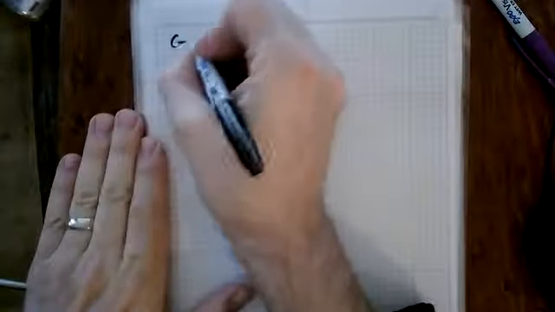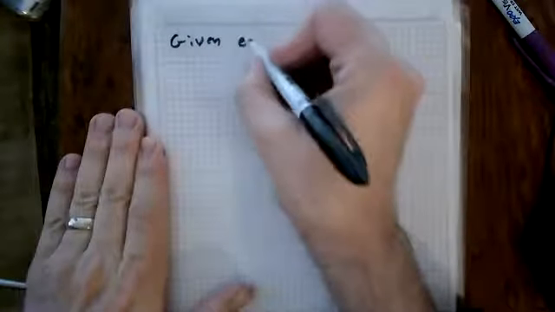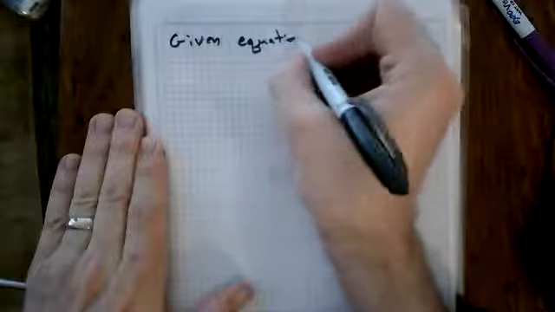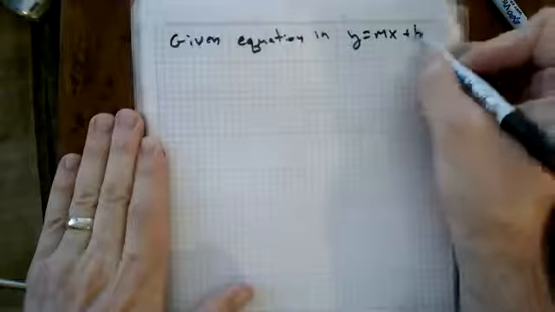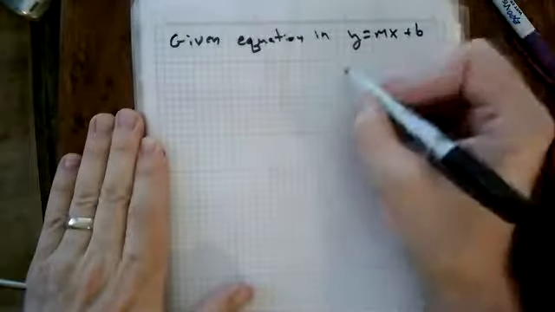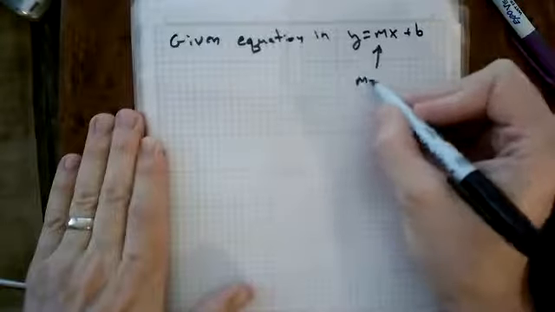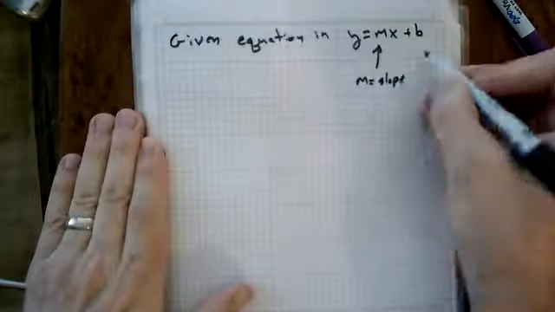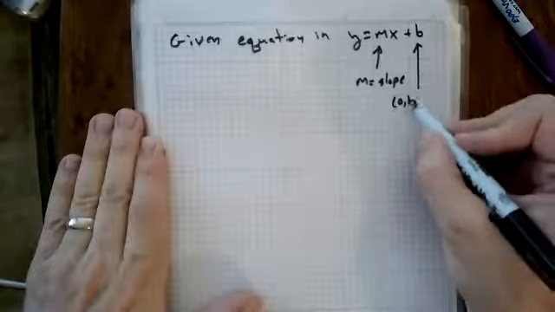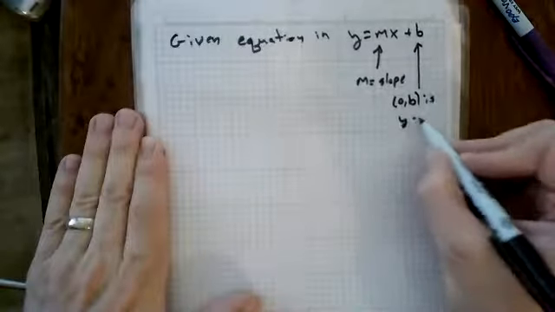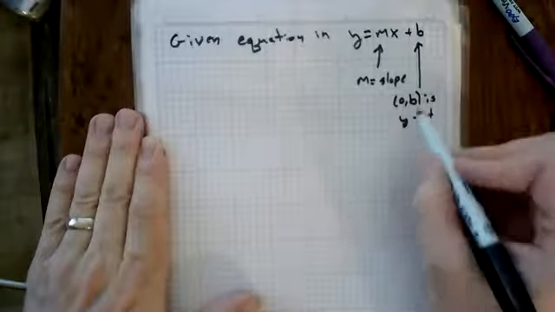So if you're given an equation in that form of y equals mx plus b, you'll notice here that my slope is right there. m is our slope. And b is our y-intercept. So this is going to be where we start on the y-axis.